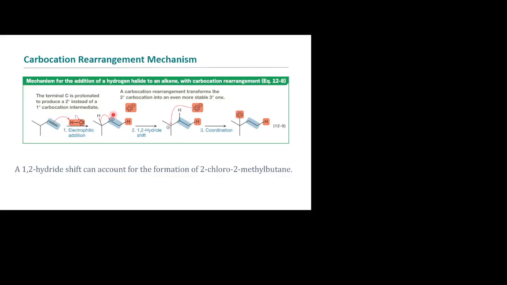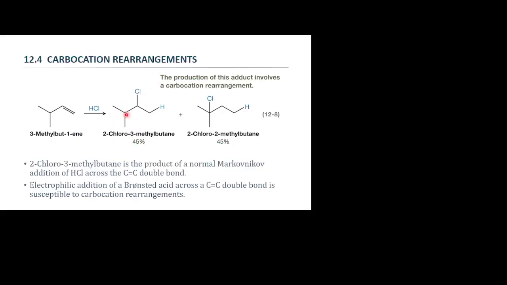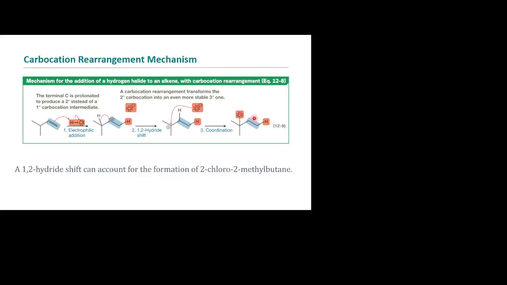So you get a 1,2 hydride shift that pulls the hydride to hydrogen right here. And that gives you this other product, which is where the chloride goes on the tertiary carbocation, right here. So if we had this finish the reaction with chloride, that gives us this product here. This product is the 1,2 hydride shift.